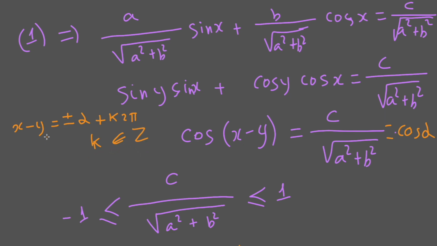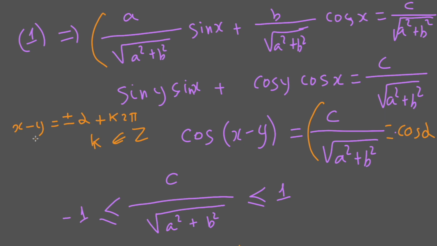So from this you see that y is a specific value you can find, and alpha is also a specific value you can find. So then you have the x value as the root of the trigonometric equation as the problem says.